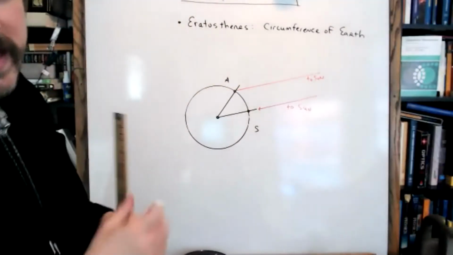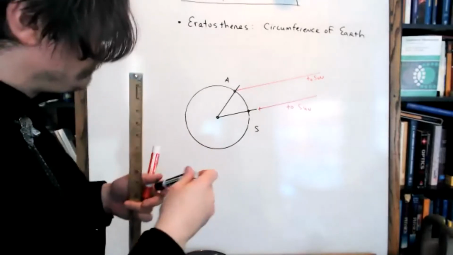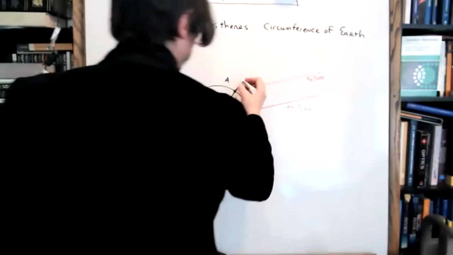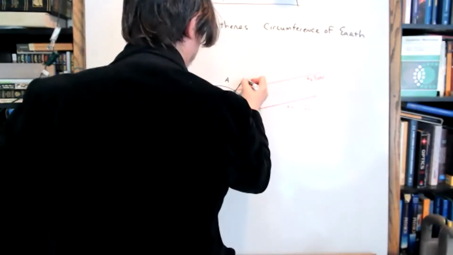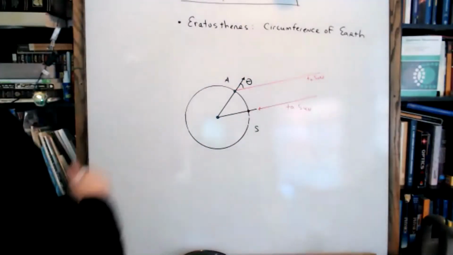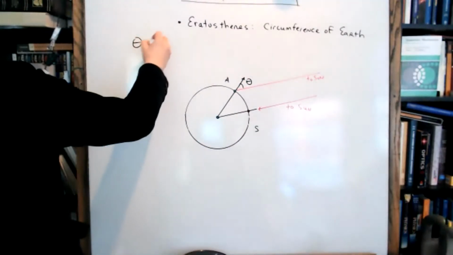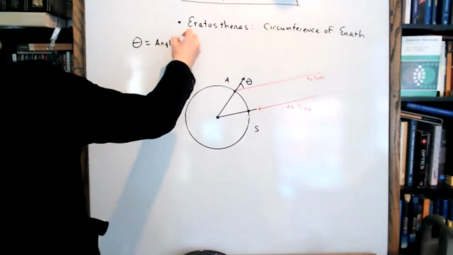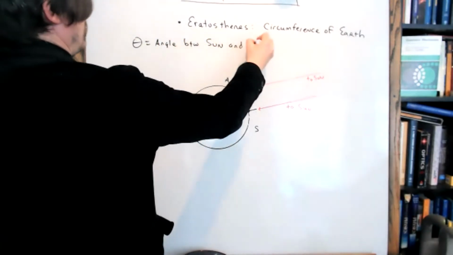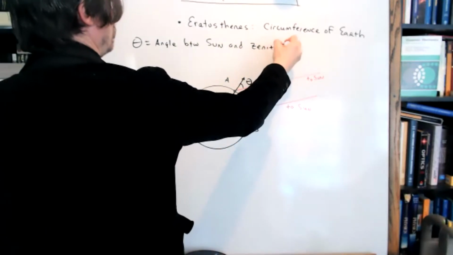The goal that he had was to measure the angle between the stick and the sunlight. I'm going to call that angle theta. So here, theta is the angle between the sun and the zenith.